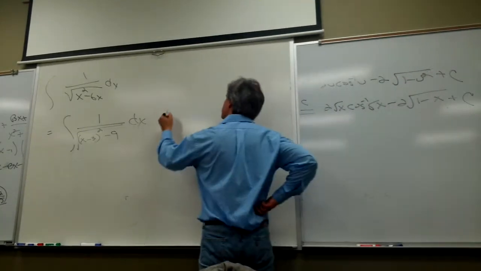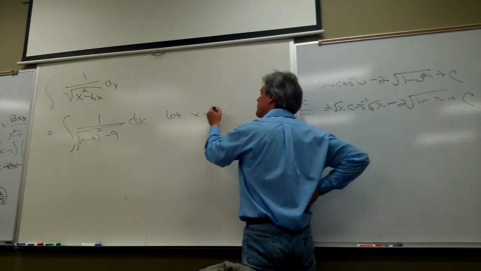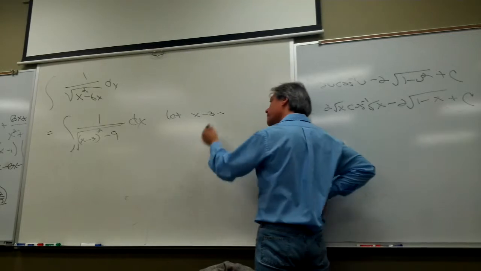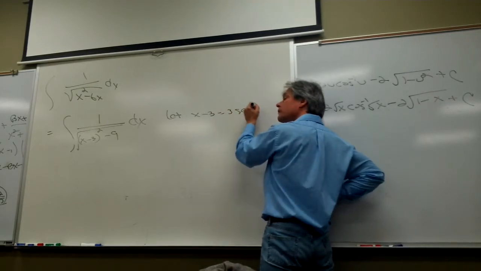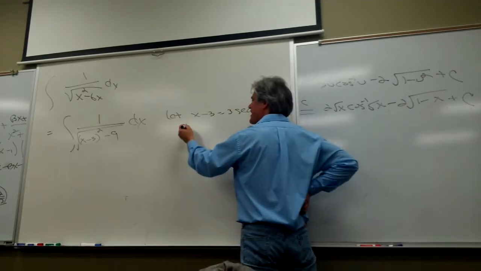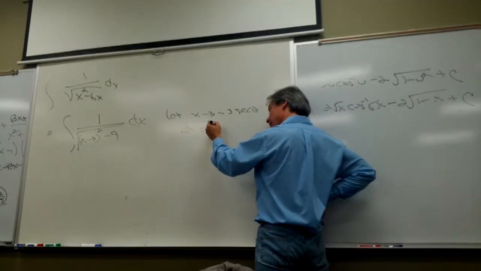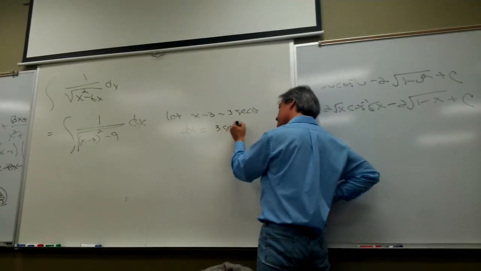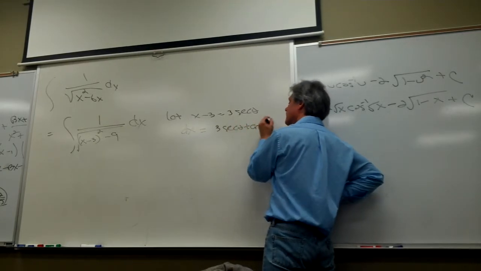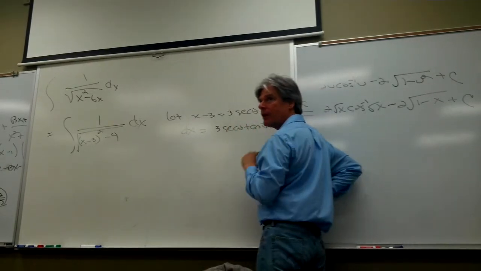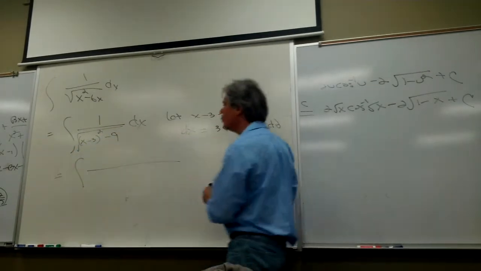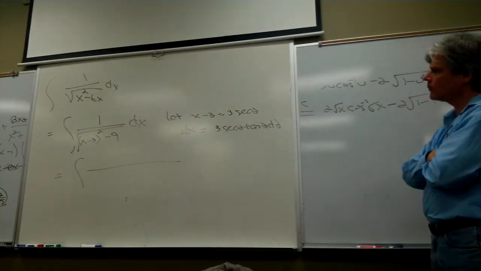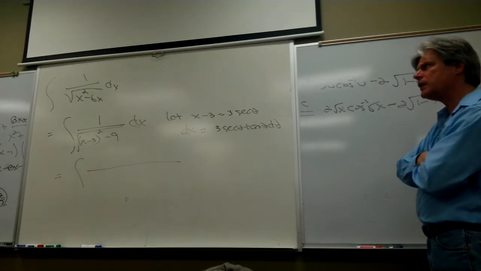Let's dive in. X minus 3 is going to be interpreted as, you tell me. So 3 secant theta. So that dx is nice. But I think that's going to give me downstairs, anyway, isn't that going to give me a 3 tangent of theta?